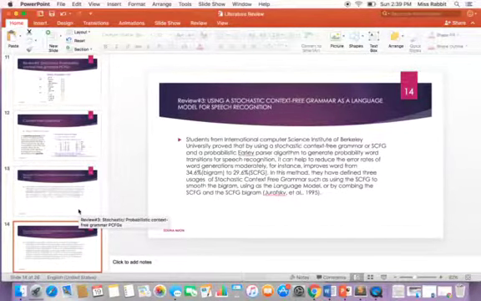Scholar paper number 3 is about using a stochastic context-free grammar as a language model for speech recognition. The students from the International Computer Science Institute in Berkeley, California, use a stochastic context-free grammar and a probabilistic Earley parser algorithm to generate probabilistic word transitions for speech recognition. It helps reduce the word error rate moderately.